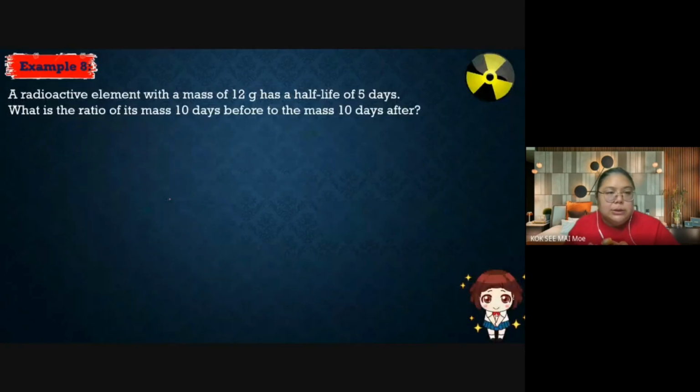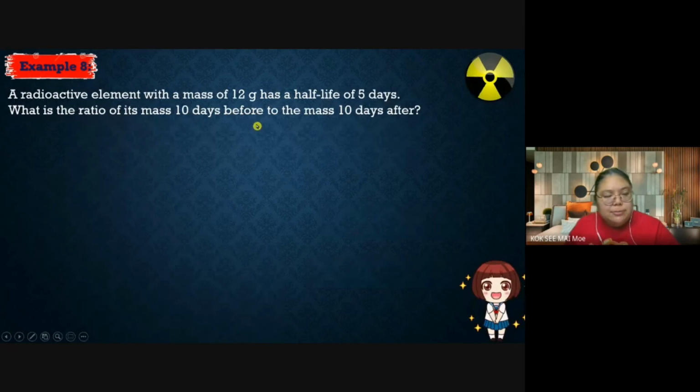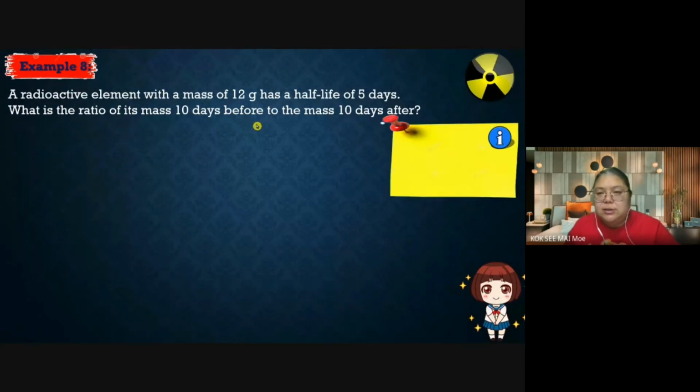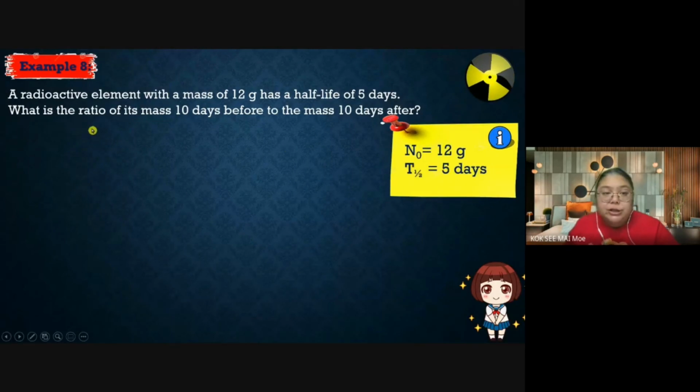Okay, question number 2, the radioactive element with the mass. Original mass is 12 gram. Half-life 5 days. So we write the info. Then they ask what is the ratio of the mass 10 days before and after. Original you are 12 gram.